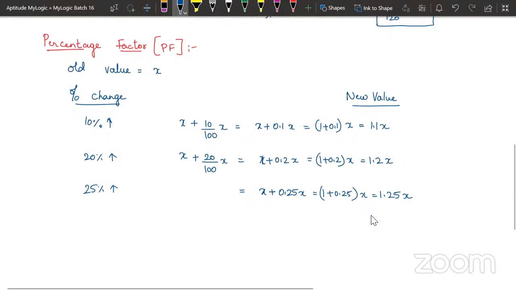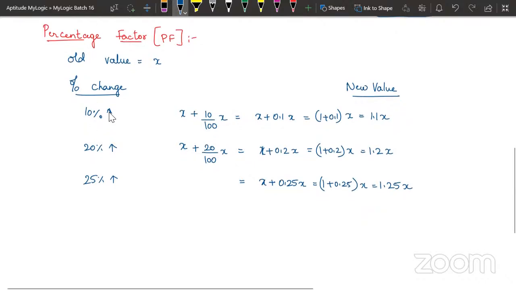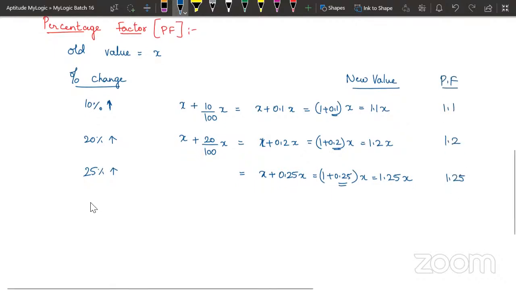We are adding the decimal equivalent of it: 10 by 100 is 0.1, 20 by 100 is 0.2, and 25 by 100 is 0.25. So 1.1, 1.2, 1.25. Based on this, if there is a 30% increment, then I am supposed to add 0.3 to 1, which gives you 1.3X. So percentage factor is 1.3.